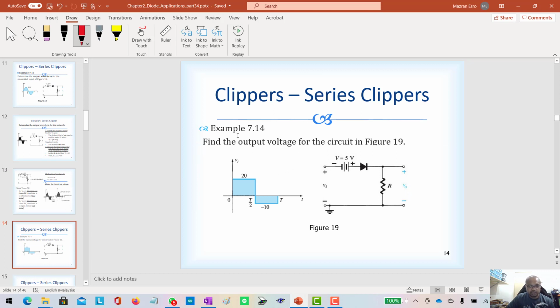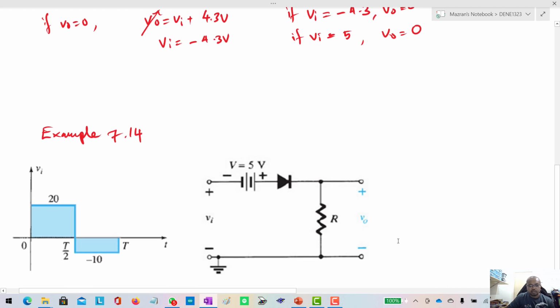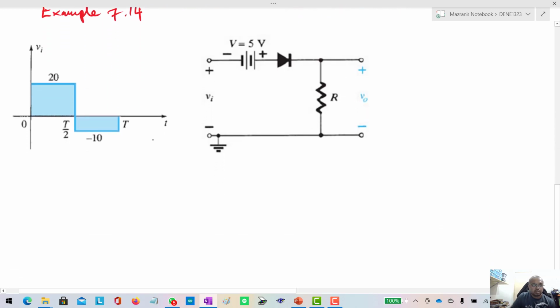Alright, let's look at another example, example 7.14. Now the input is a slightly weird input voltage, whereby the positive part is a 20 volt DC and the negative part is a 10 volt DC.